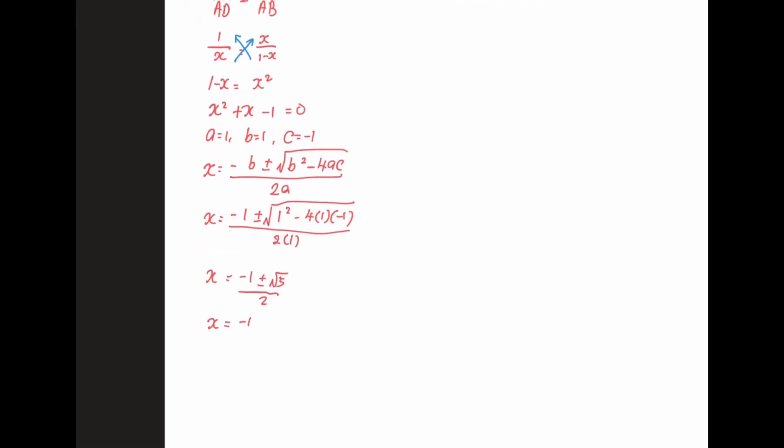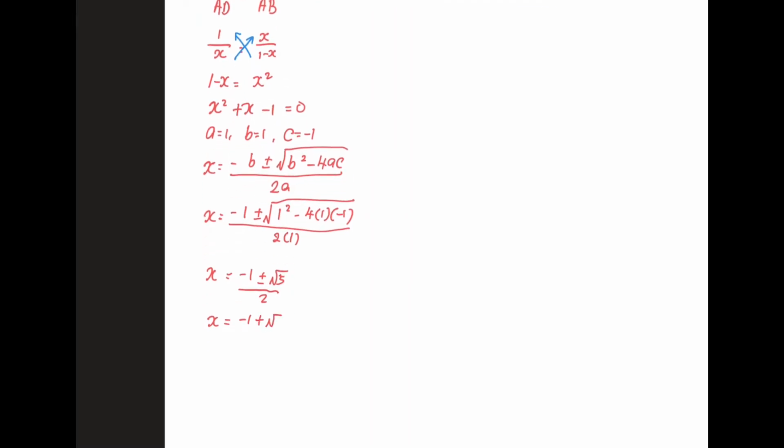Then we need to calculate this. I start from everything in the square root: 1 plus 4, which is square root of 5, over 2. Then I have minus 1. I separate the plus minus here: minus 1 plus square root of 5 over 2, and minus 1 minus square root of 5 over 2.